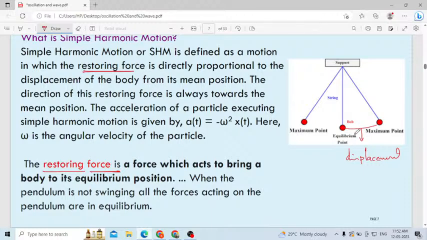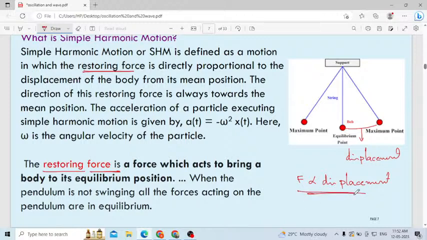How much force is required? That force is the restoring force. Here they are telling that this force is directly proportional to the displacement of the bob. If the displacement is more, the force is more. If the displacement is less, the force is less, obviously.